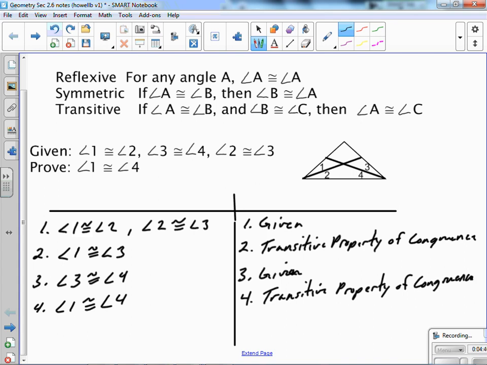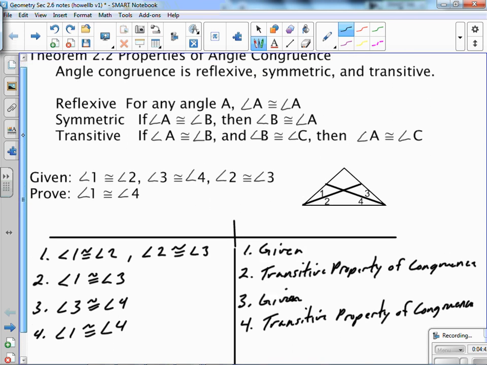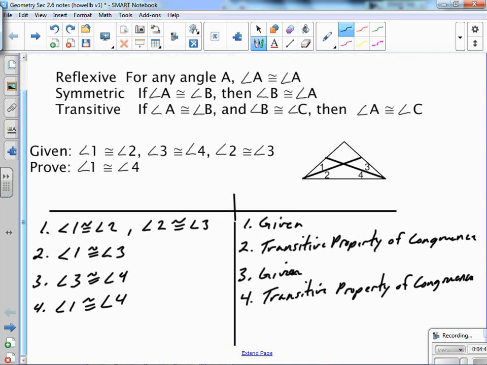To be really specific, you could say the transitive property of angle congruence, but I will take just transitive property of congruence there. Alright, so that finishes that one because that's where we're trying to get to. Angle 1 congruent to angle 4.